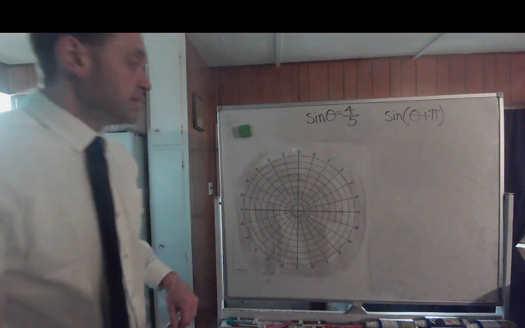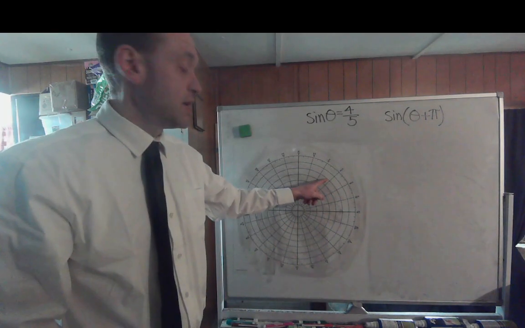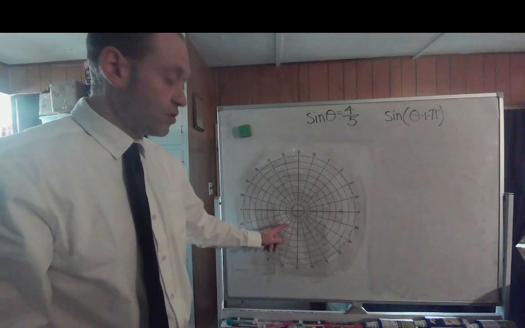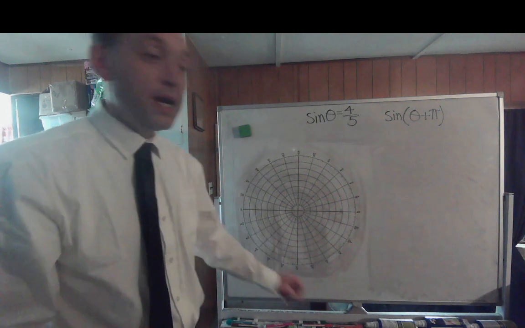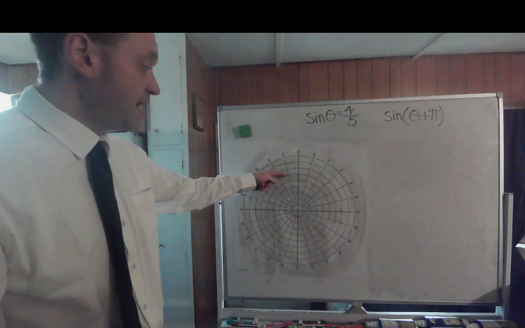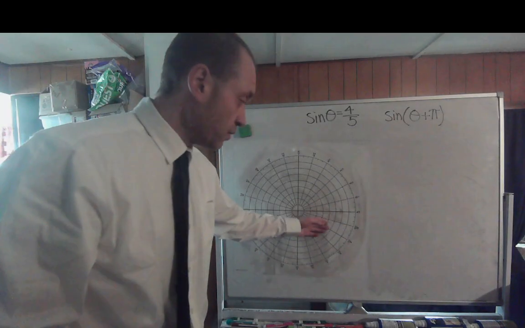So let's say if this were some angle in the first quadrant, I add pi, that's going to put me in the third quadrant, right? Or heck, the angle's in the second quadrant, still a positive sine. I add pi, I'm going to end up in the fourth quadrant, right?